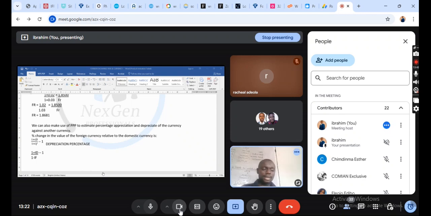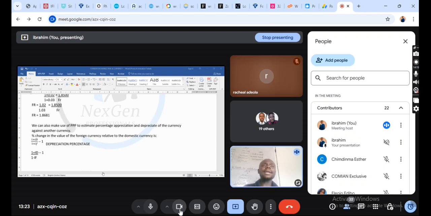For instance, the old spot rate, probably the spot rate as at Thursday, minus the spot rate of Friday, which is yesterday.